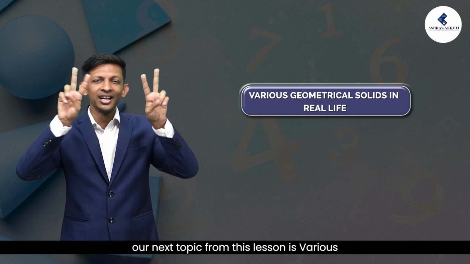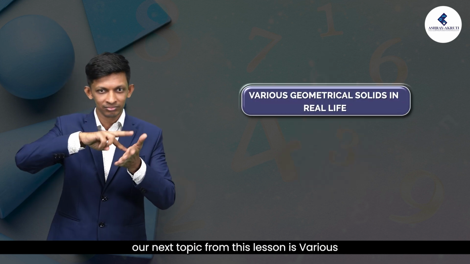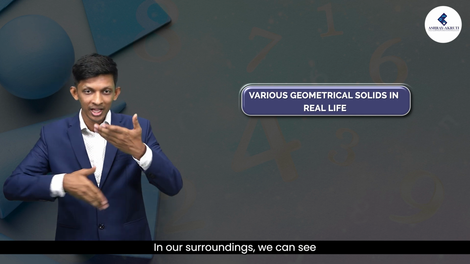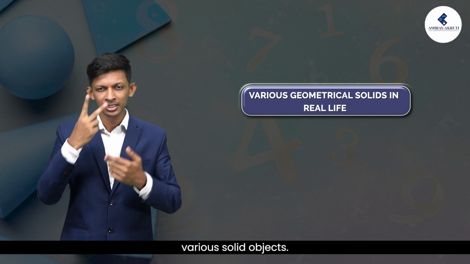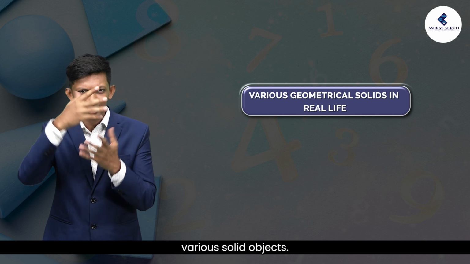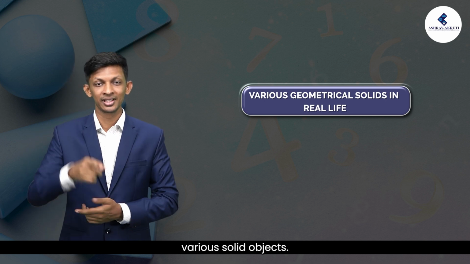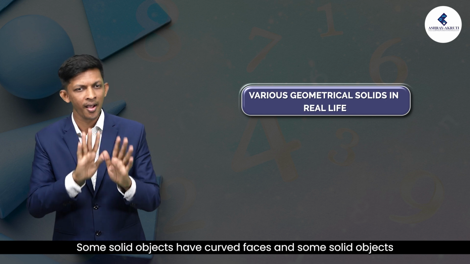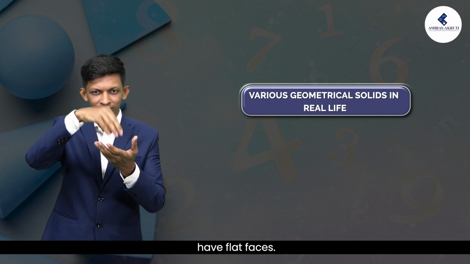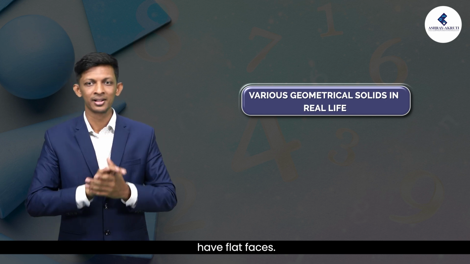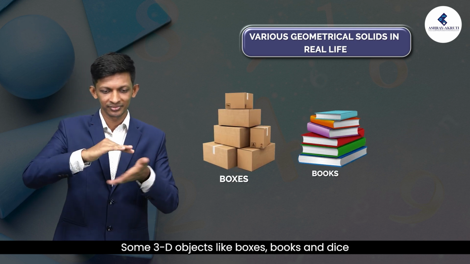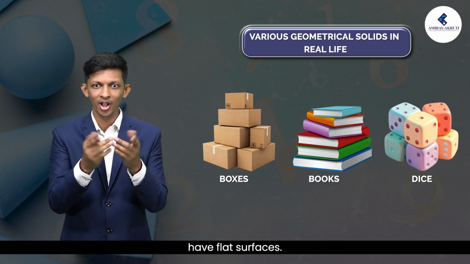Students, our next topic from this lesson is various geometrical solids in real life. In our surroundings, we can see various solid objects. Among them, some solid objects have curved faces and some solid objects have flat faces. Some 3D objects like boxes, books and dice have flat surfaces.